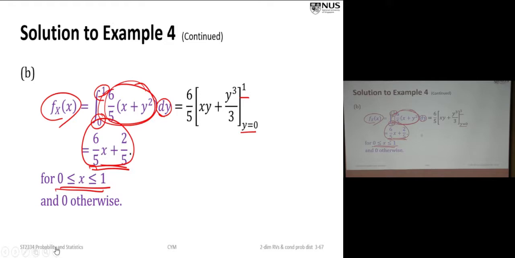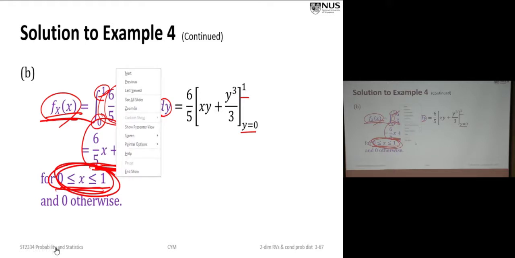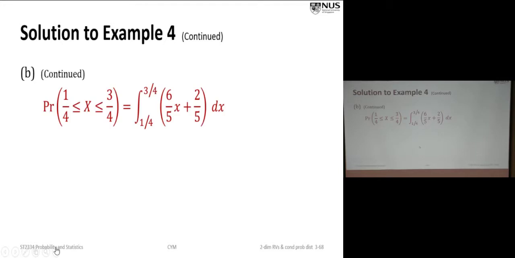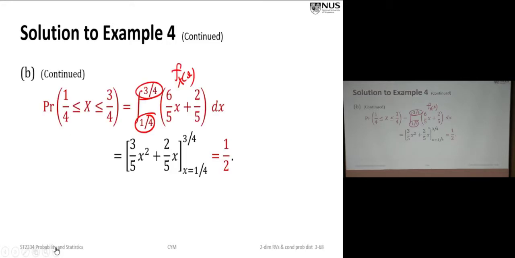So I keep telling you, it's not just equal to this one, but you also have to specify the region for which this is true. All right? So for the probability of x between 1/4 and 3/4, I just integrate the marginal of x from x equal to 1/4 to 3/4. So quite straightforward. So the answer is 1/2.